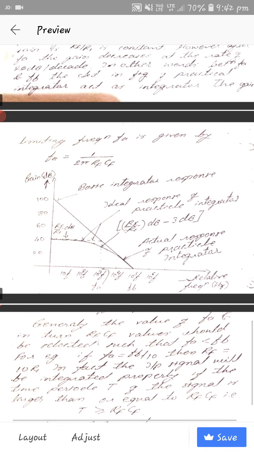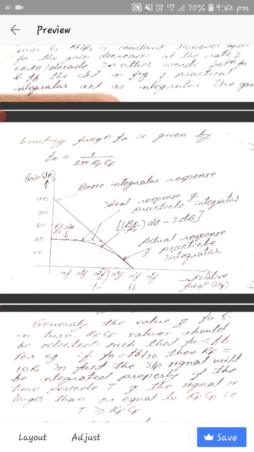The gain limiting frequency FA is equal to 1 upon 2 pi RF CF. See the practical graph, in which the gain is in decibels and the relative frequency is in hertz. On the x axis are the different relative frequencies 10 F, 10 squared F, 10 cubed F, 10 fourth F, in hertz, and on the y axis the gain in decibels 20, 40, 60, with a difference of 20 decibels.